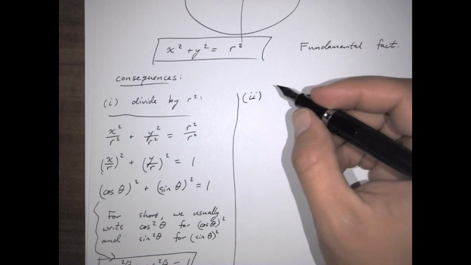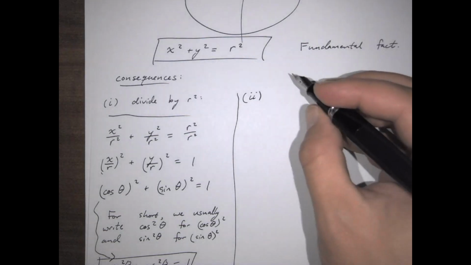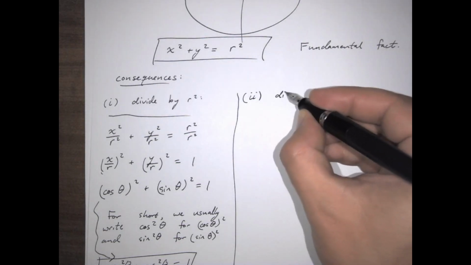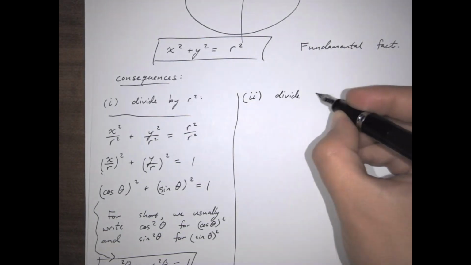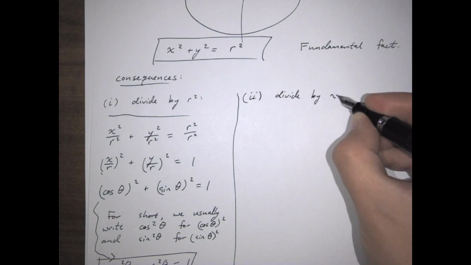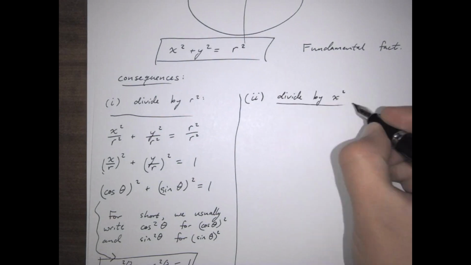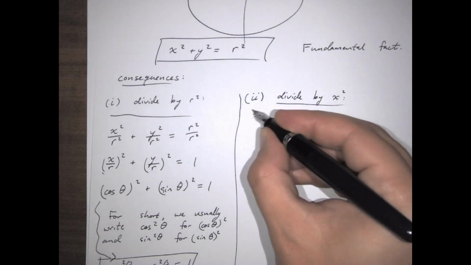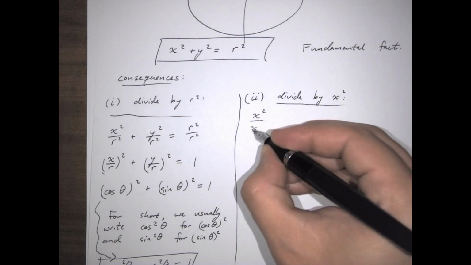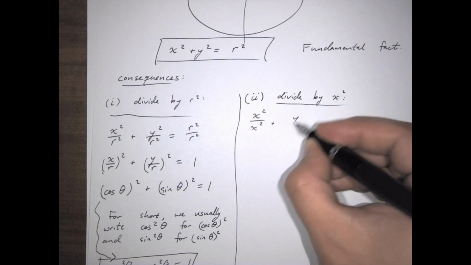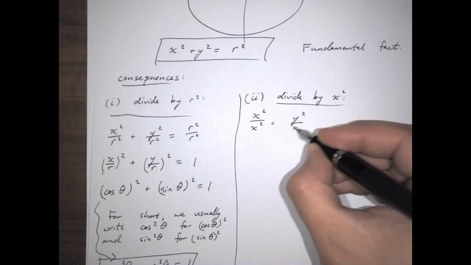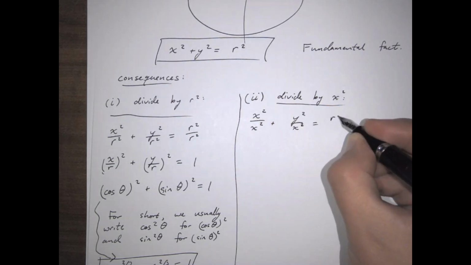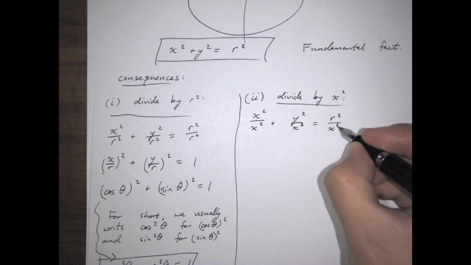Instead of r squared, maybe we can divide both sides by x squared. Divided by x squared. So what's that going to mean? It's going to mean x squared over x squared plus y squared over x squared is equal to r squared over x squared.